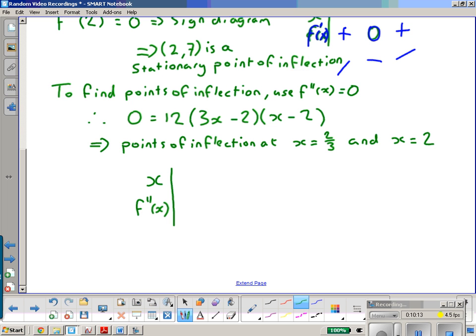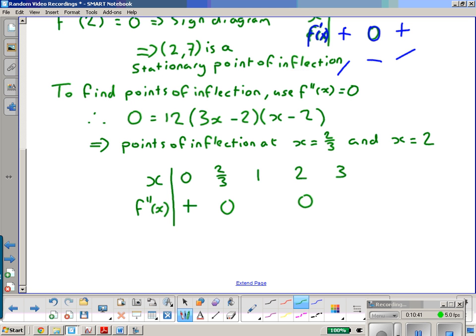So we are in green this time. And we're going to choose points something to the left of 2/3, 1 is between them, and 2 and 3. We know that f double dashed is equal to 0 here and here. If we put 0 into f double dashed, we get 12 times 3 times minus 2 times minus 2, and the minuses give us a positive.